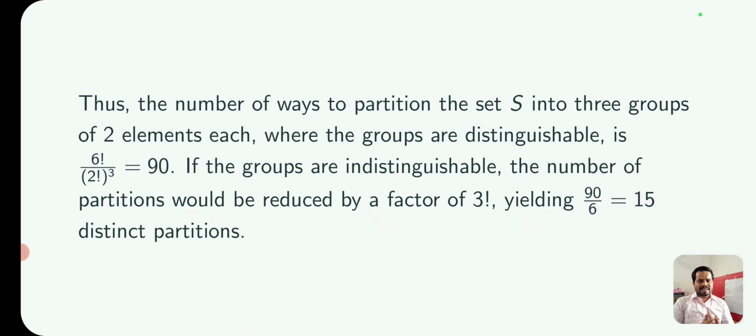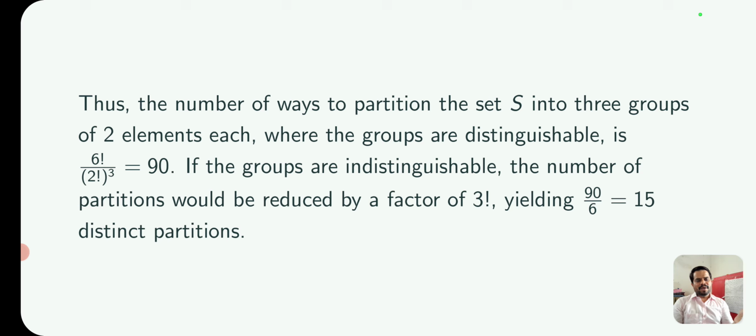So in this lecture we discussed the definition of a partition. Then we discussed the theorem: if m plus n is the number of elements, then to take the two groups of m and n elements, the count is given by (m plus n) factorial divided by m factorial times n factorial.